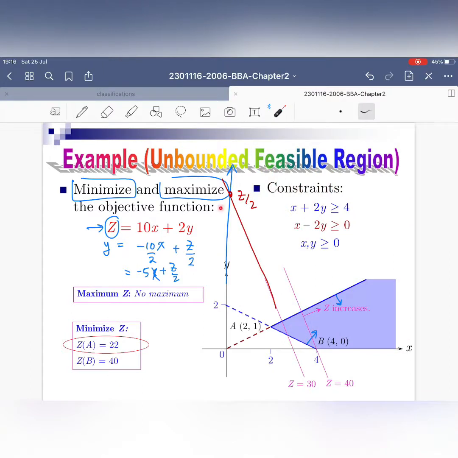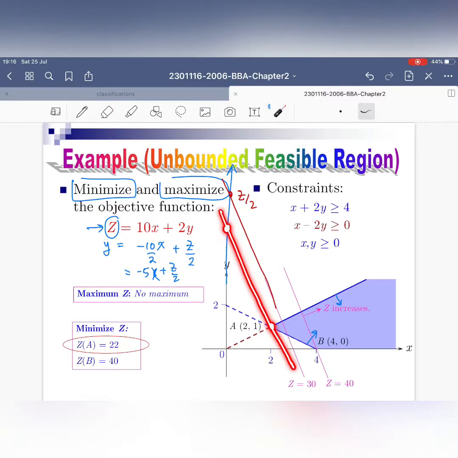However, if you are moving down, as you move down you get a lower z, and you can move up to this point. You cannot move beyond, because that is not in the feasible region. So here at this corner point, you hit the last feasible region. It means that you have the lowest y-intercept, which is the lowest value of z.